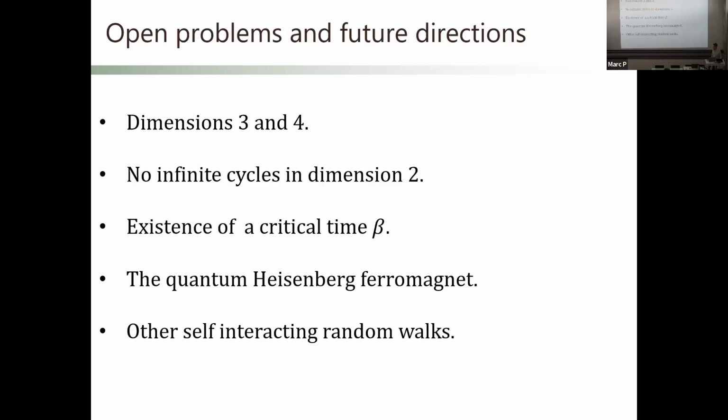What I suspect is that the property that's going to be important is on the underlying graph, do two random walks intersect each other, and this will depend on the graph.